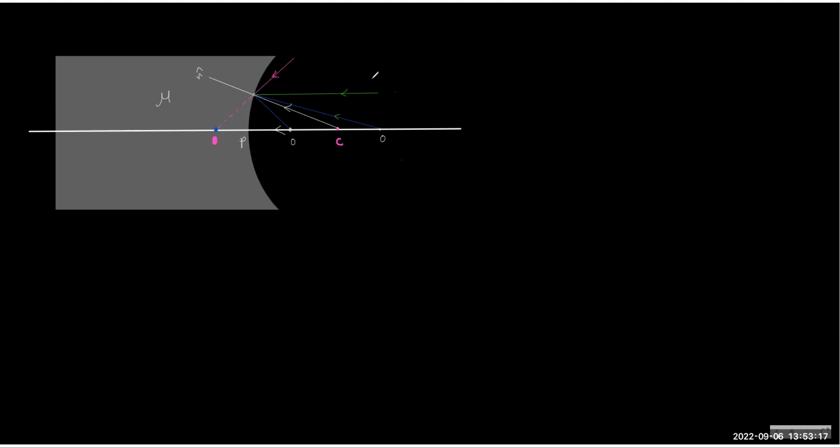So if the object is virtual, then what are the possibilities? Both real and virtual. Have you realized this? But here in the first case, it was forming a real image, no? Which case? Which color?